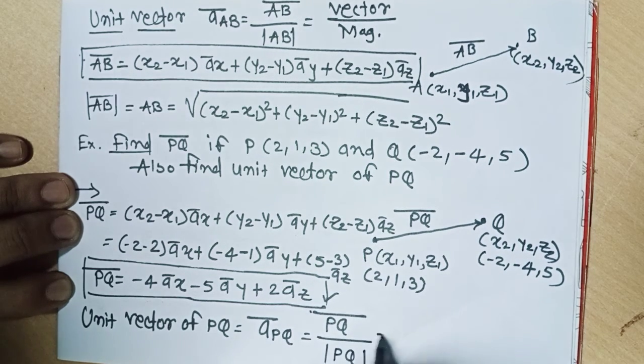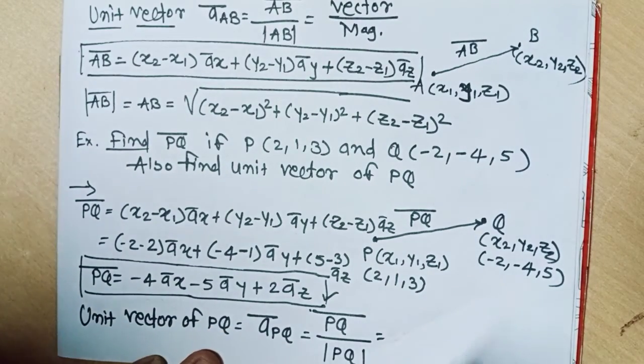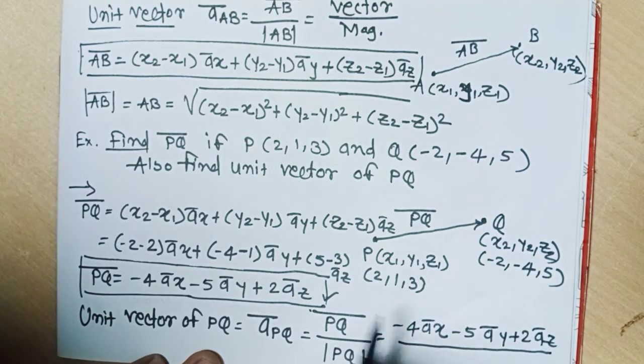So this is equal to, the vector is already calculated: minus 4 a bar x minus 5 a bar y plus 2 a bar z divided by the magnitude of the vector.